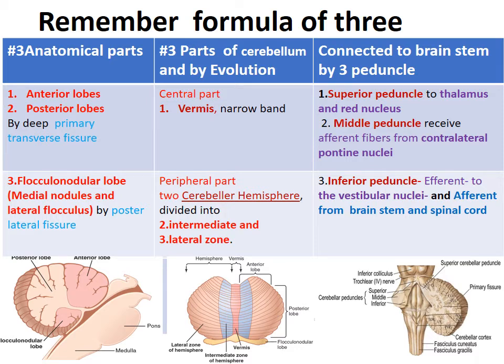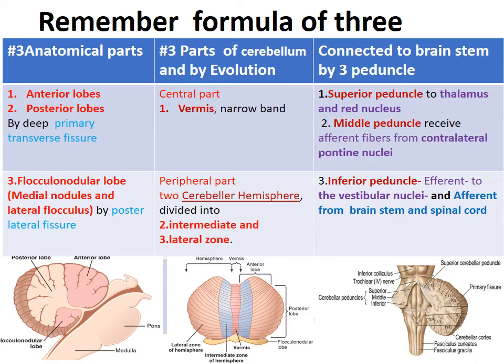According to location, central is the vermis, a narrow band. The peripheral part is the cerebellar hemisphere, again divided into the intermediate and lateral zones.